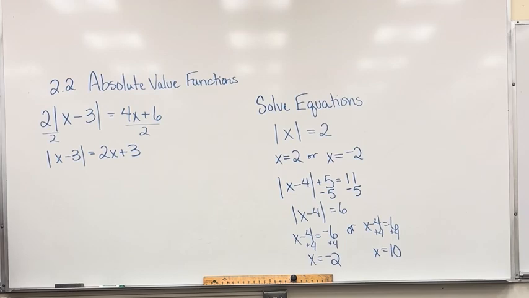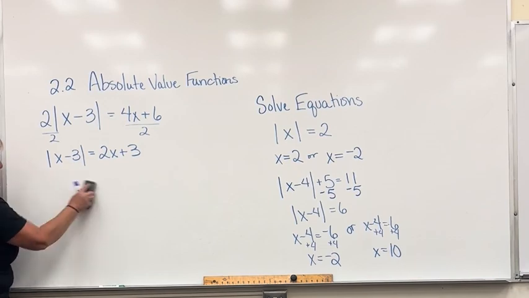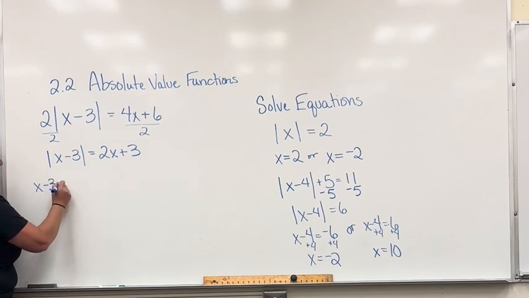Now here's where this one honestly gets ugly, because now we have this absolute value, but what we have over here is a little bit uglier. So the first sub-equation, if you will, that we write is going to be, not going to be that. It's going to be x minus 3 is equal to negative whatever's on this side.